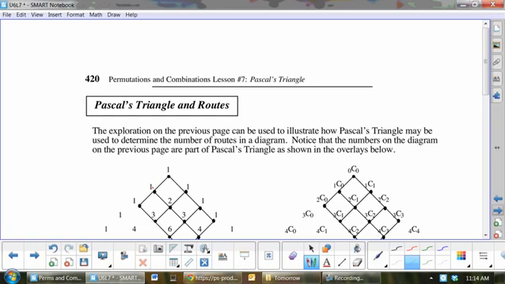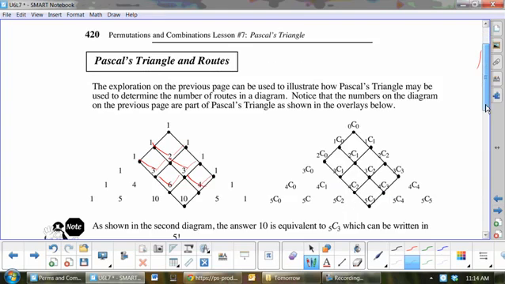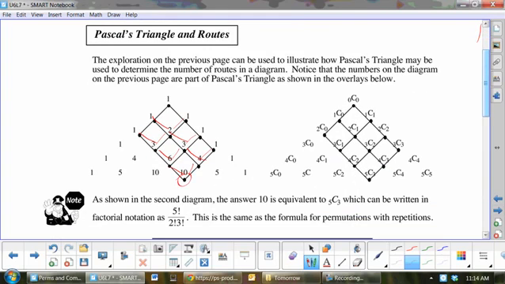And you see how you put your ones? And then all you have to do is this. So there's 10 ways to get here using Pascal's triangle. Now, if you look to the side, you could also do it with the 0C0, right? But we're going to stick to this.